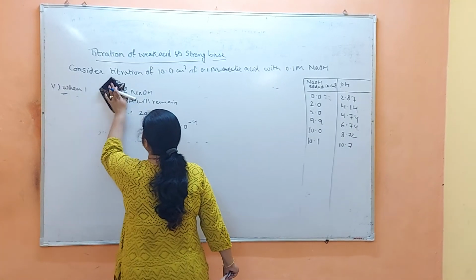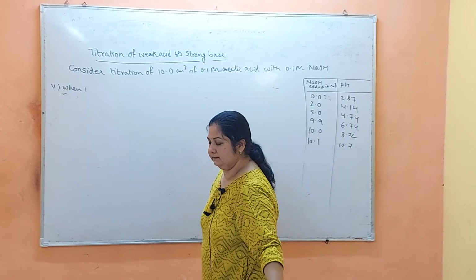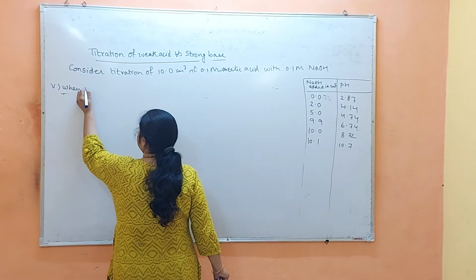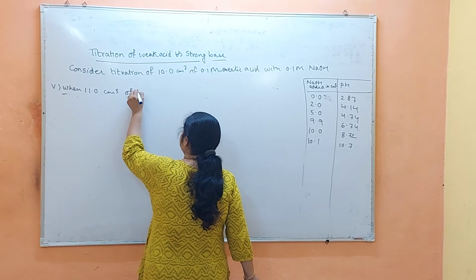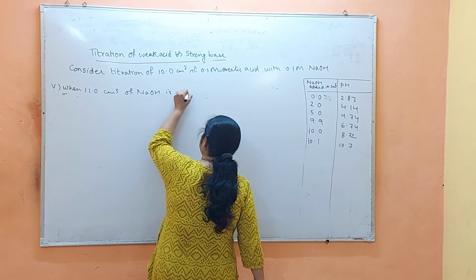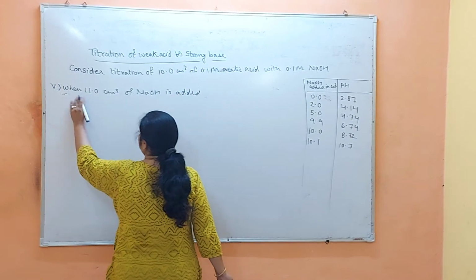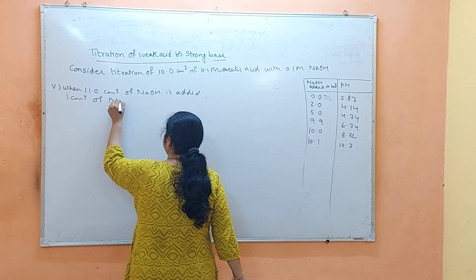Now when 11 cm cube of NaOH is added, one cm cube of NaOH will remain.